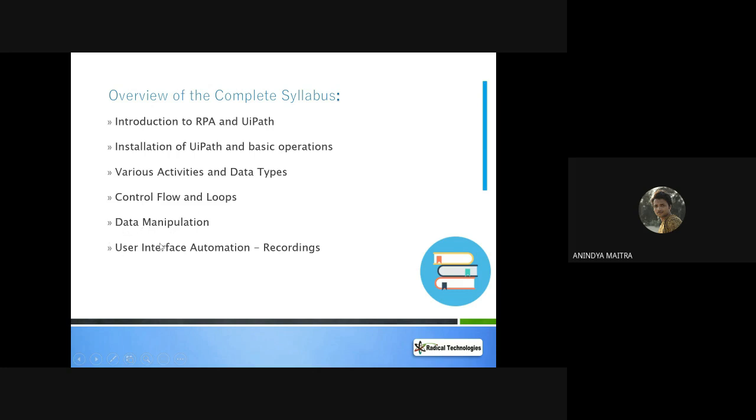And then the user interface automation, which is the recordings. This is a very good feature of UiPath, where we can record the entire process, and that definitely helps the developers get a brief idea of where to start, where to end.